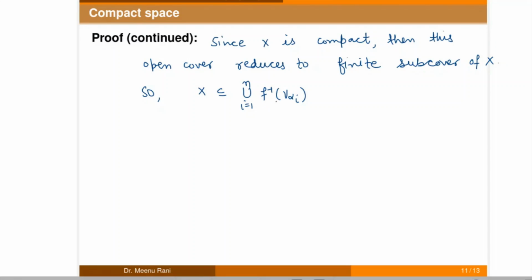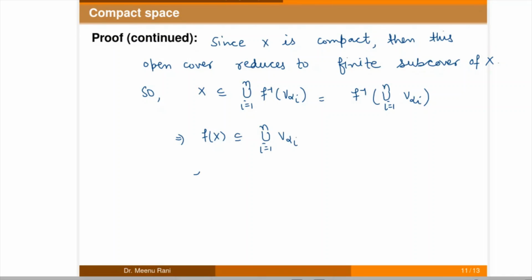So it is a finite collection here, then it can be written as f inverse of the finite union of v alpha i's. So it is further written as f of x is contained in the finite union of v alpha i's, and it is a finite collection of open sets in y.